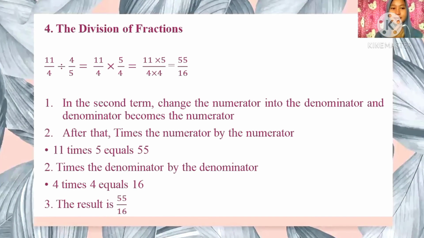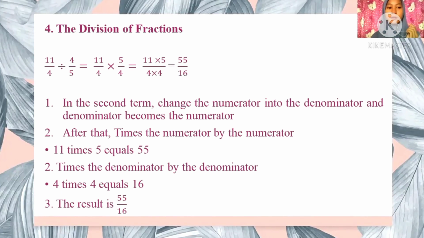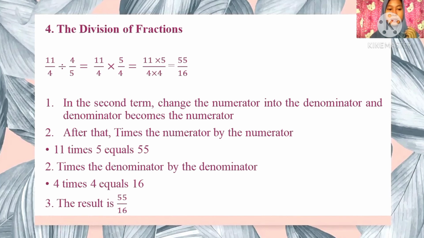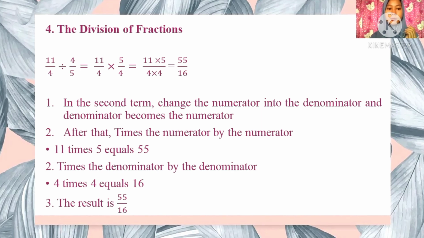The last is the division of fractions. For example, 11 over 4 divided by 4 over 5 equals 55 over 16. The steps are, in the second term, change the numerator into the denominator and the denominator becomes the numerator.